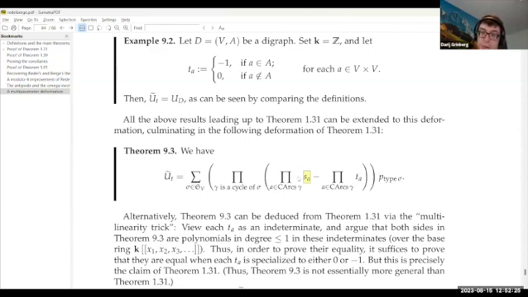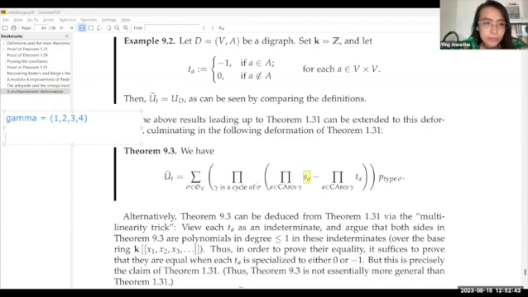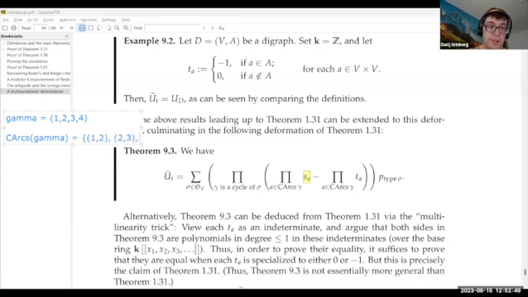So it's like T1,2 plus 1 times T2,3 plus 1 times T3,4 plus 1. Maybe I should really start writing this down. So if gamma is 1, 2, 3, can you see what I'm writing? Yes. So C arcs of gamma are 1, 2, 2, 3, 3, 4, 4, 1.